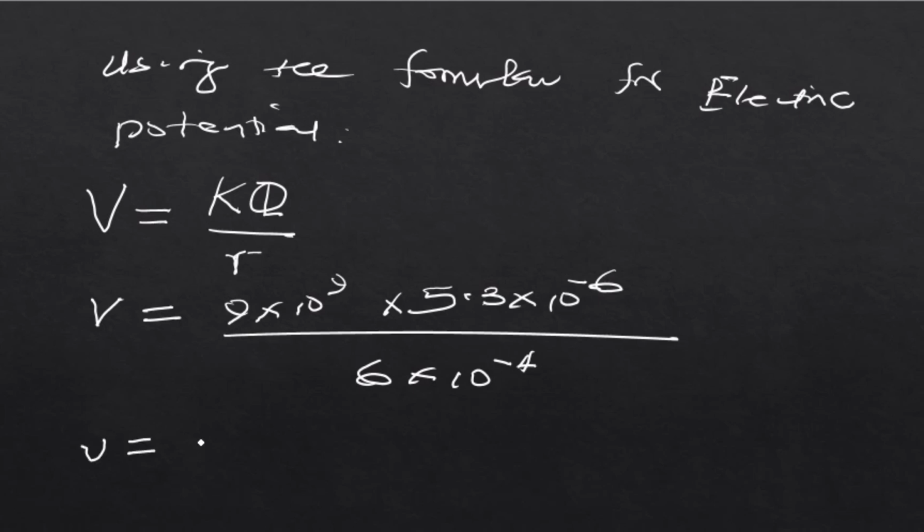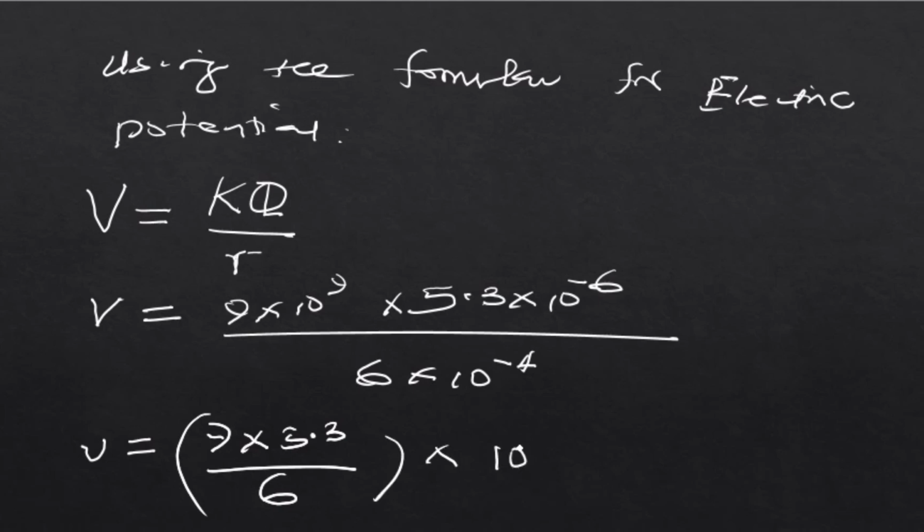If you want to break down this calculation using indices, it's still simple. All you need to do is say 9 times 5.3 divided by 6, multiplied by 10 raised to the power of, by the law of indices, 9 minus 6 plus 4.